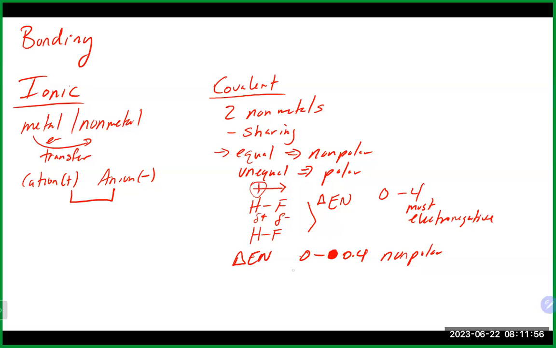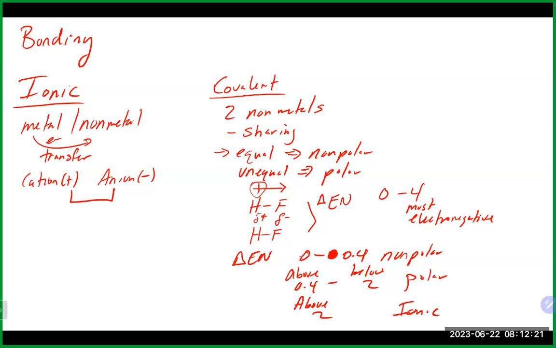If you're kind of above there, 0.4 to below 2, that is really your polar range there in terms of difference in electronegativity, which means we would not expect, again, those electrons to be shared equally. And generally speaking, if you go above 2, you're getting into really the ionic sort of situation.